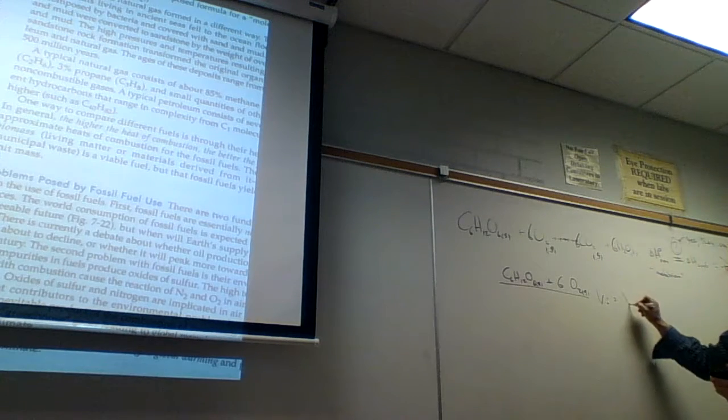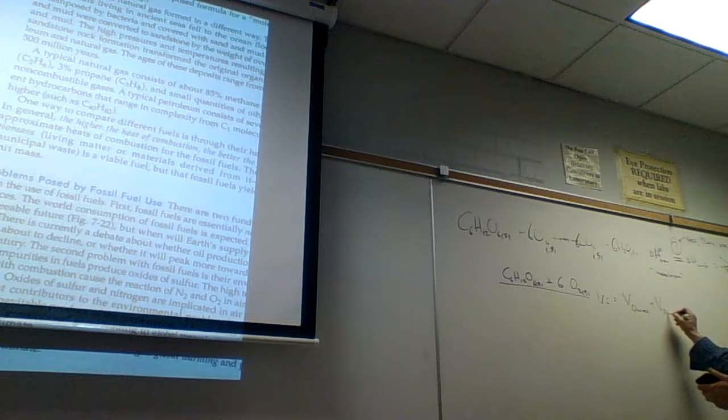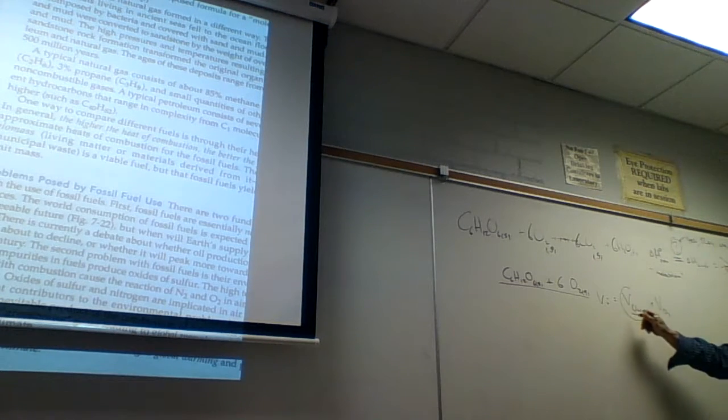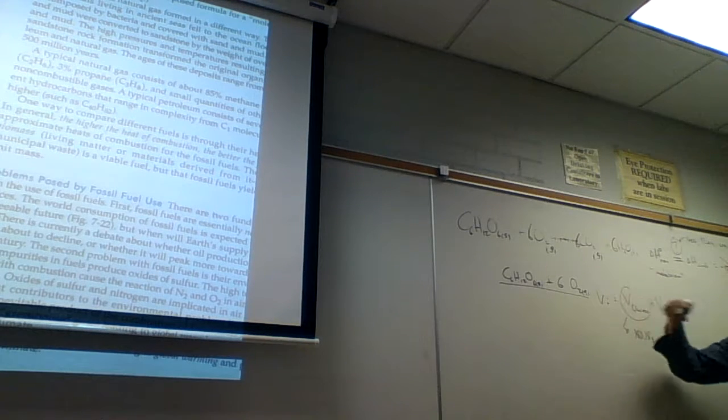And so this is going to equal the volume of the glucose plus the volume of the O2. Now the volume of the glucose: we have 1 mole, and 1 mole is 180.18 grams. So 180.18 grams of glucose times the inverse of the density, 1 milliliter is equal to 1.54 grams.